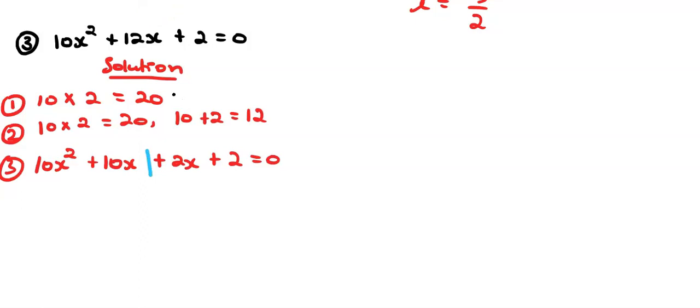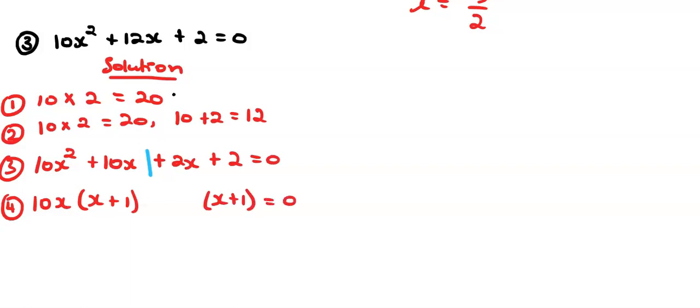So step number 4, we're factorizing it. We're pulling out the highest common factor, that's 10x. Then x plus 1, guys. In our second bracket, we know what we're doing: x plus 1, and that is equal to 0.